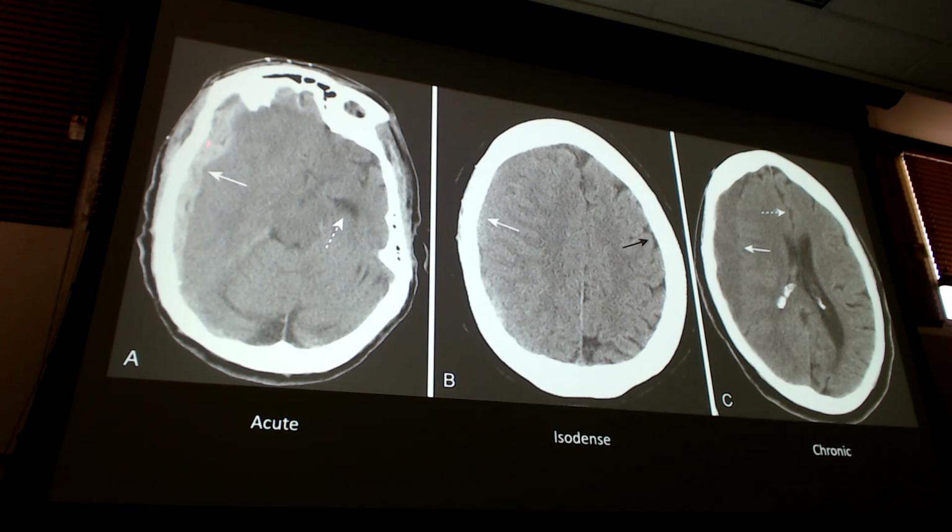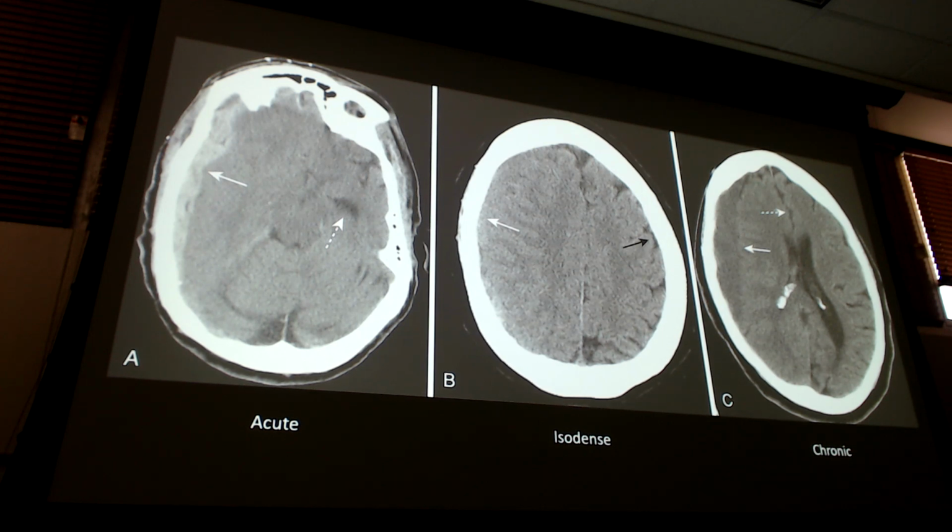If I give contrast and I highlight all the vessels in the brain, how do I tell the difference between the normal vessels and the bleed? I can't. Right? They're going to look the same.